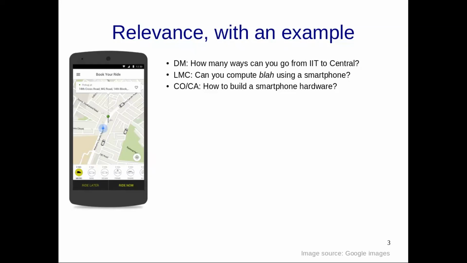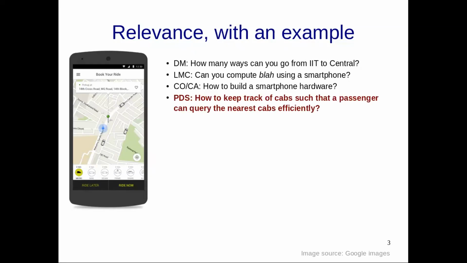In LMC, can you compute a particular aspect using a smartphone? Right. So the decision version of the problem might come into play when we are talking about the languages, machines, and computation. In case of computer organization, computer architecture, you can talk about how to build a smartphone hardware which can run all these apps.